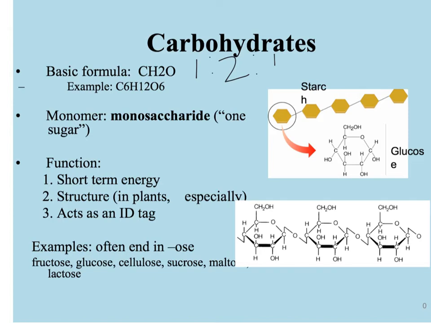Because I don't see those two, I know that this is a carbohydrate. These are what we call hexose sugars because it forms that hexagon shape. And when we get into DNA, we're going to talk about ribose and deoxyribose. Those are what we call pentose sugars because it has the pentagon shape. So if you see these unique shapes, but you do not see nitrogen and phosphorus present, it tells you it is a carbohydrate.